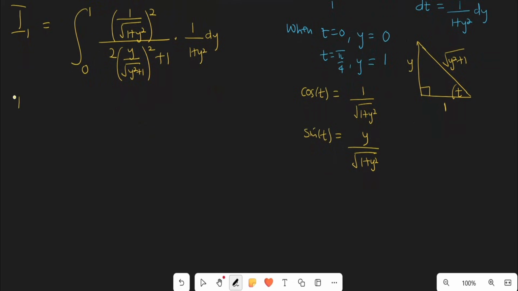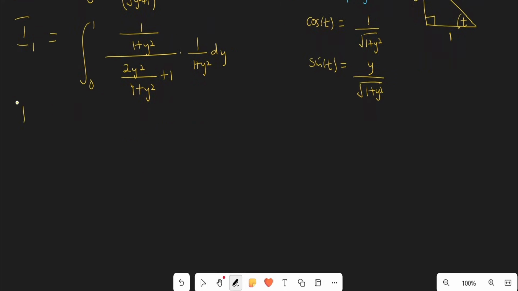Now let's simplify this one because it looks a little messy. The integral from 0 to 1 of 1 over 1 plus y squared, divided by, the bottom is 2y squared all over 1 plus y squared, or y squared plus 1, the same thing, and this is added to 1, multiplied by 1 over 1 plus y squared dy.